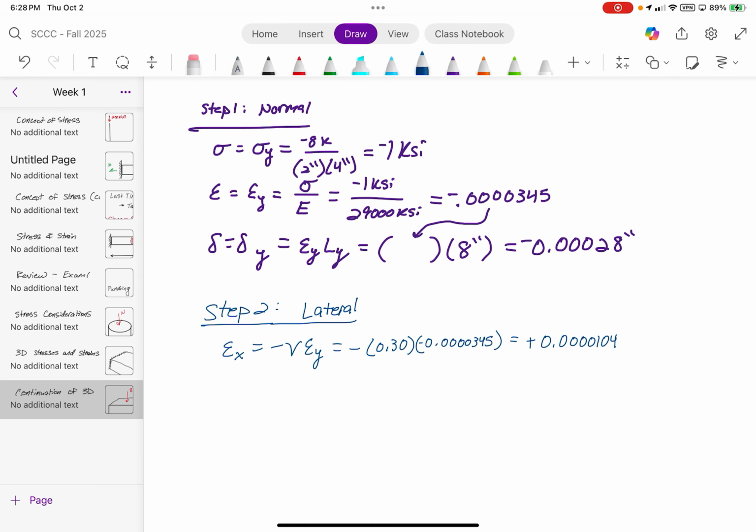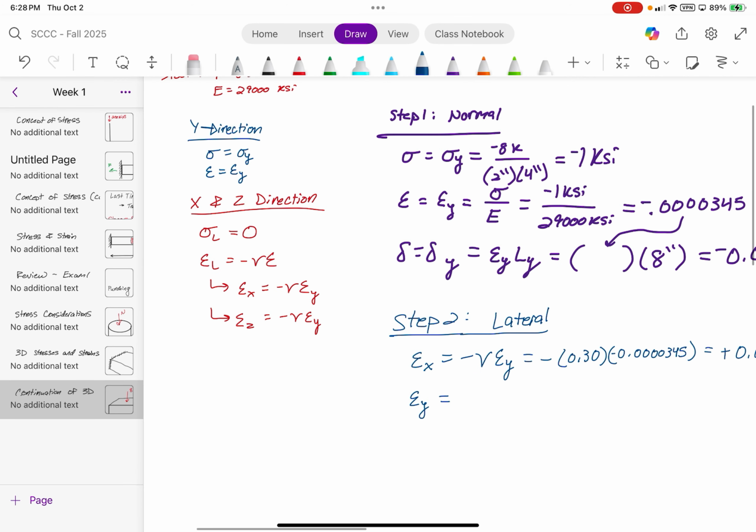We can do the same thing for epsilon y. But one thing you guys will notice here is what? What do you guys notice about the equations? They're the same. So we don't really need to decipher between x and z.